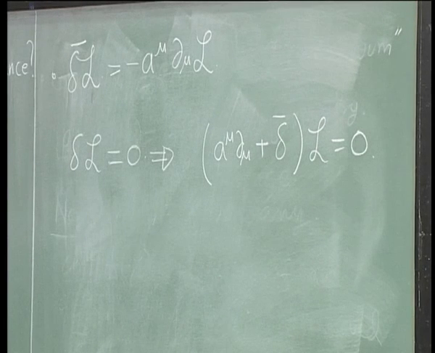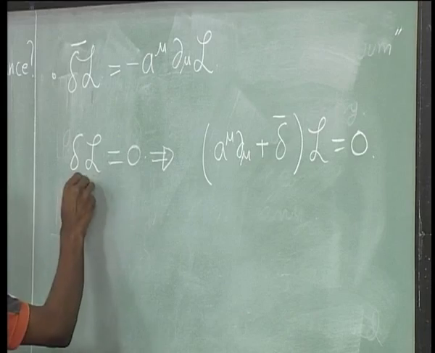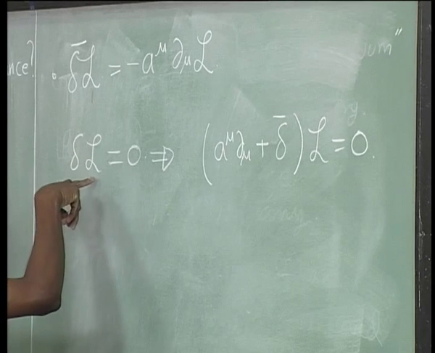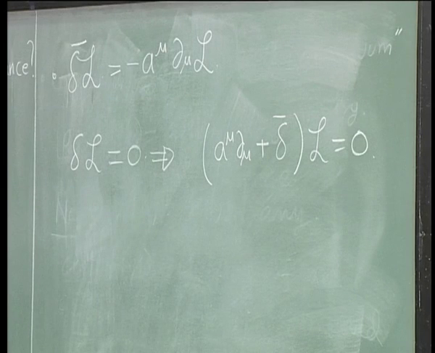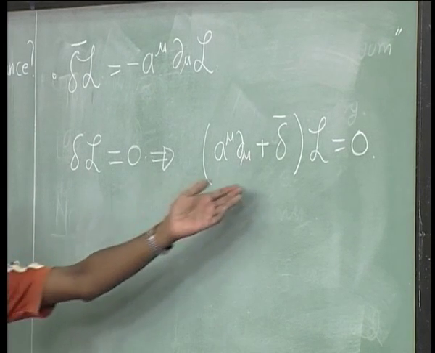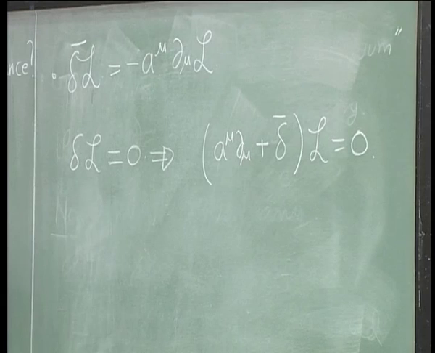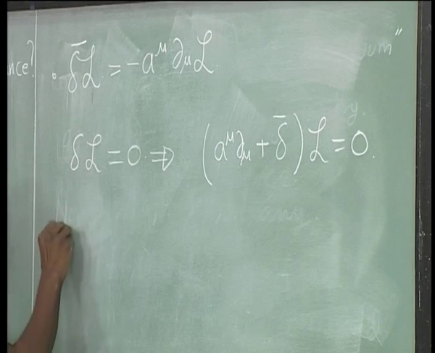Okay. So, this just tells you that the action, yeah, this is it. Okay. So, let us see, we can expand this out and see what this means. So, this has a bunch of terms.